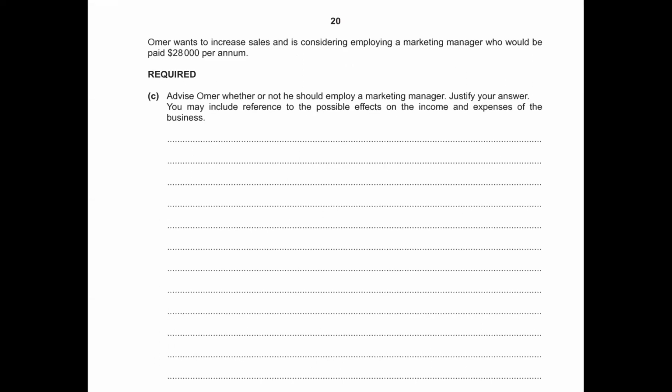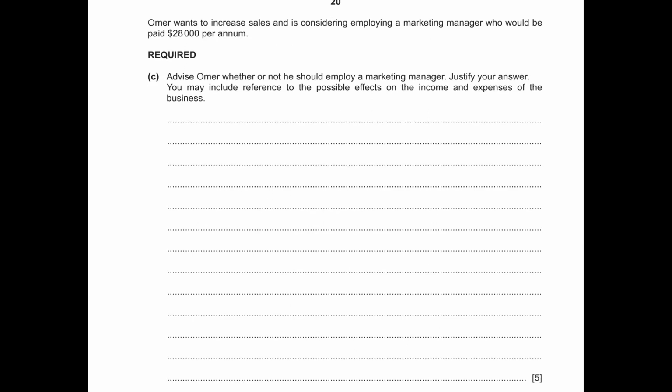Remember the ratios that we calculated for OMA, that it had the shorter receivables days and the shorter payables days. Now you are asked whether or not he should employ a marketing manager. You justify your answer. You may include some reference to the possible effect on the income and expenses of the business.